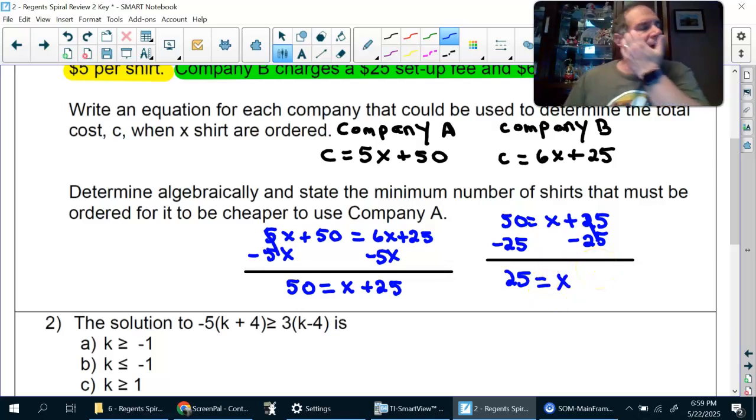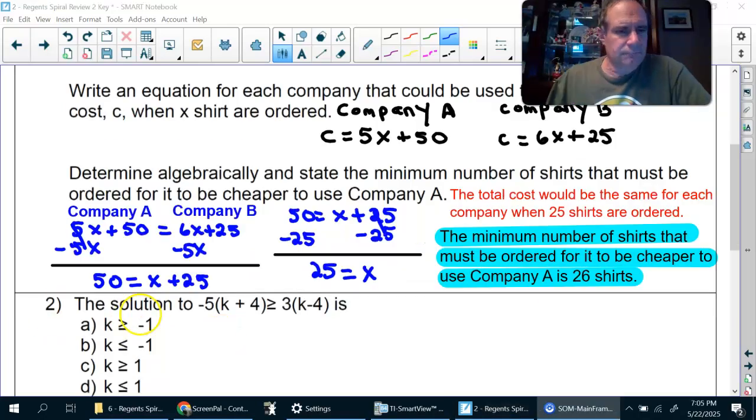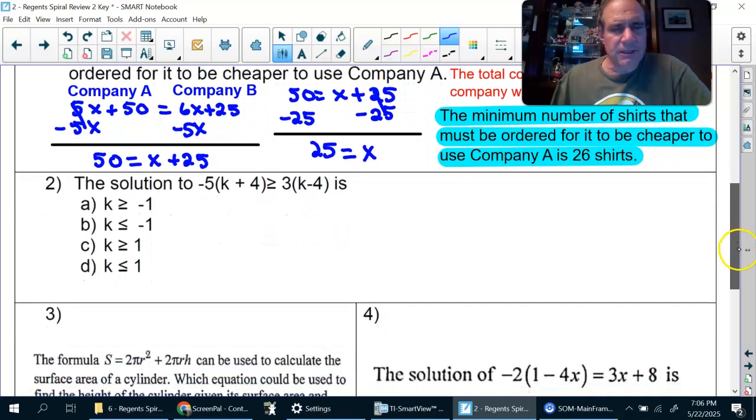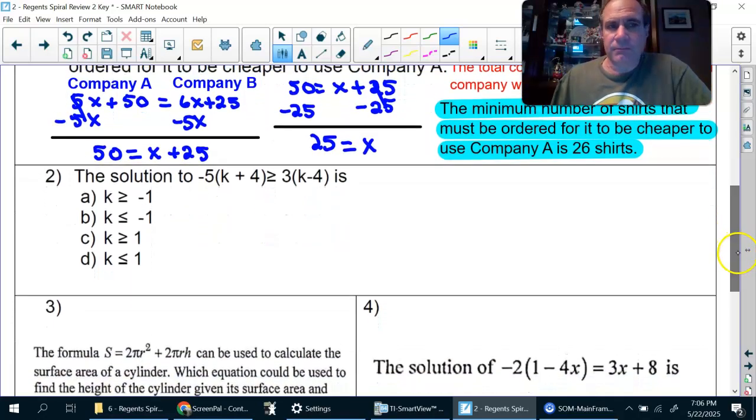So when you have 25 shirts, both companies would cost exactly the same. And there is your answer. At 25 shirts the cost is the same, at 26 shirts A would be cheaper. So that's the minimum number of shirts that would have to be ordered.